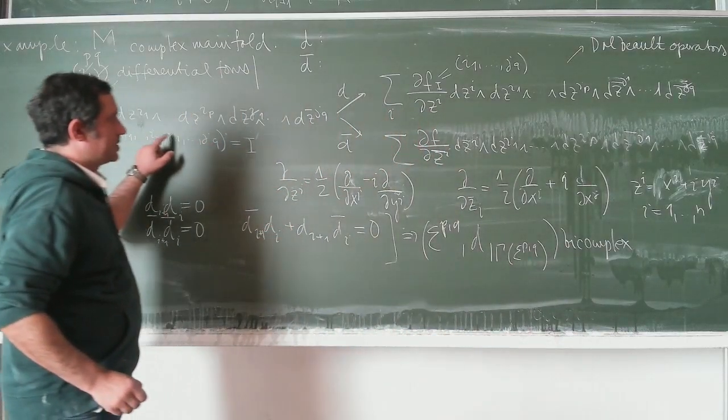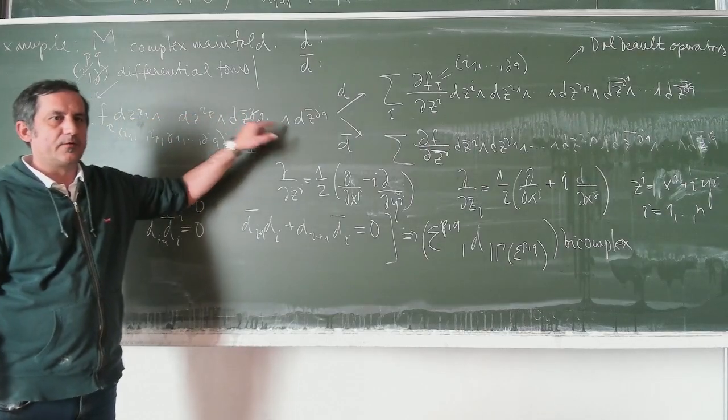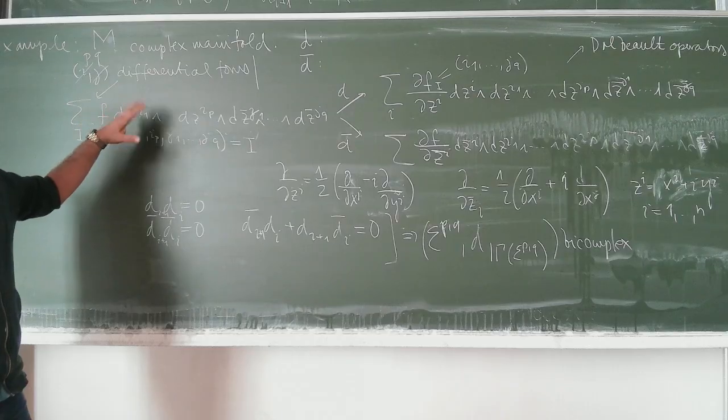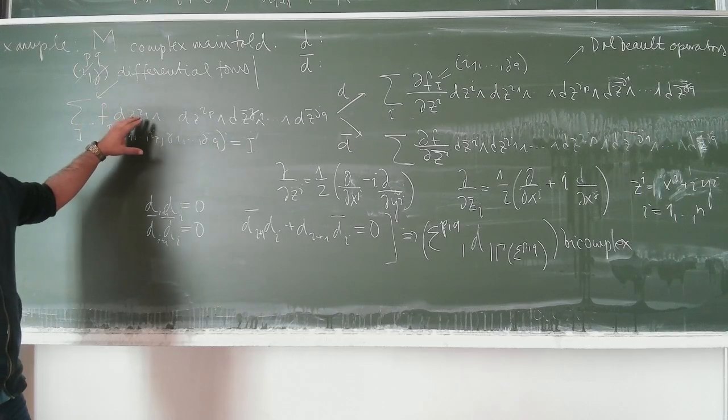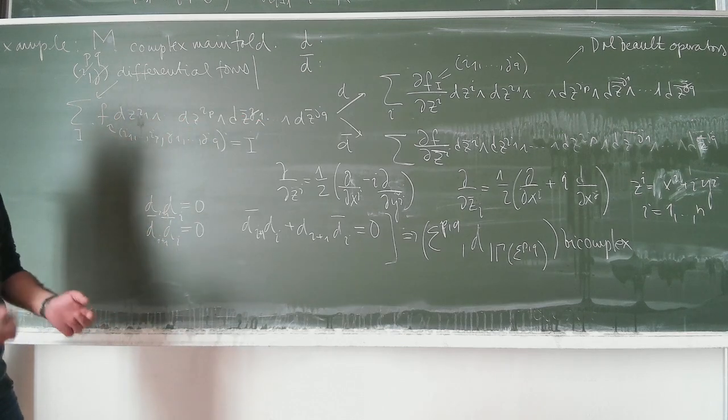E^{p,q} denotes the space of p times holomorphic and q times anti-holomorphic forms. This definition doesn't depend on the local coordinates, which can surely be proved this way.